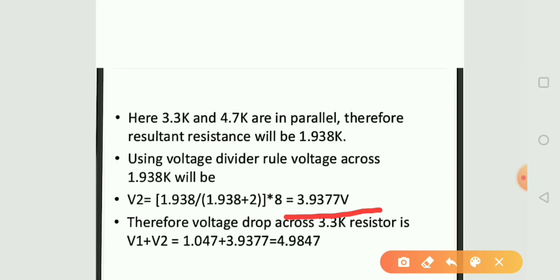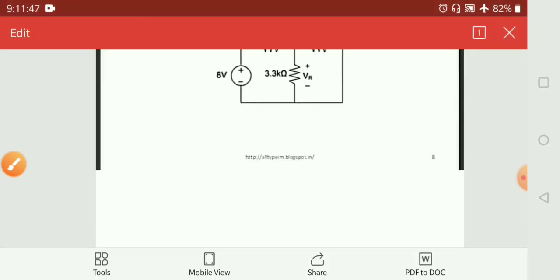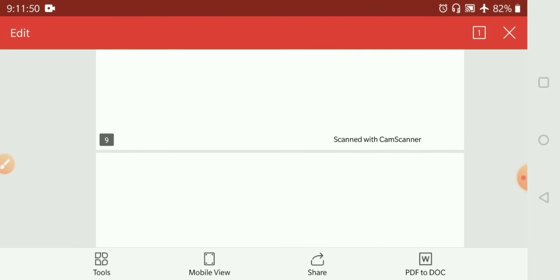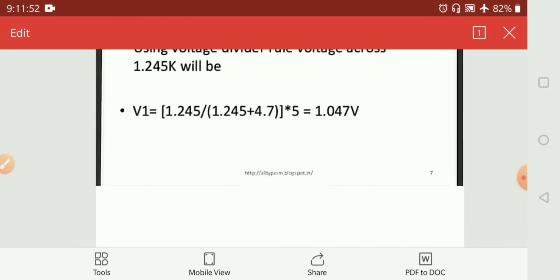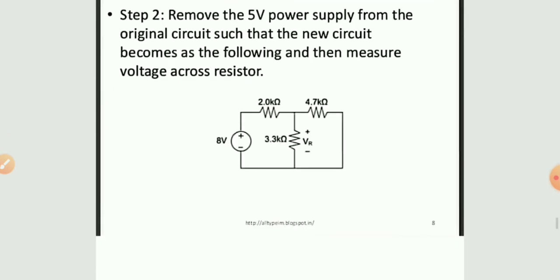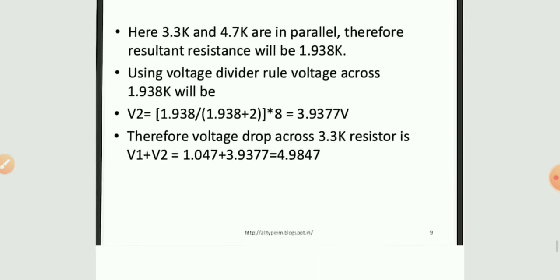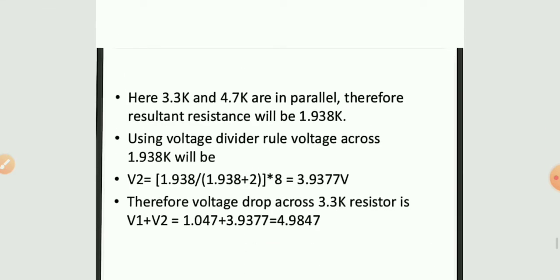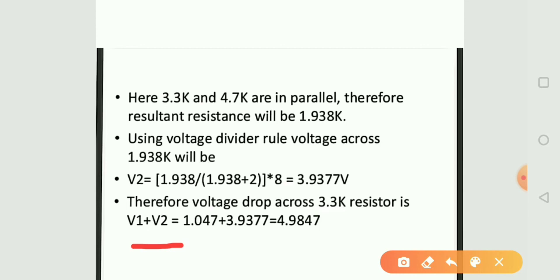Therefore, when we consider the 5 volt source, we find voltage V1, and for the 8 volt source we find voltage V2. So the total voltage drop across the 3.3 kilo ohm resistance is V1 plus V2.